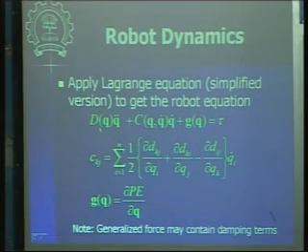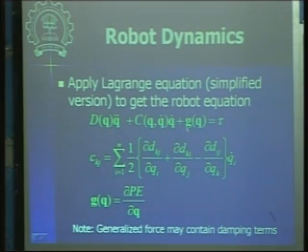In this simplified form we use D directly, which we have gotten from the kinetic energy of the links, and then we will estimate the C parameters using again the D terms and this formula. We derived this formula in the last class.